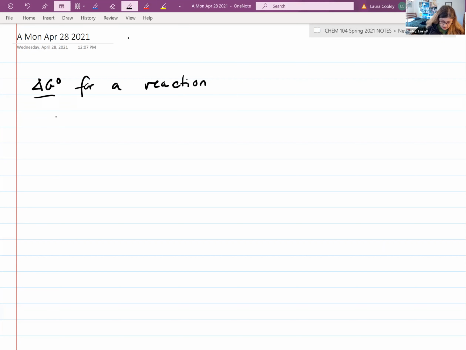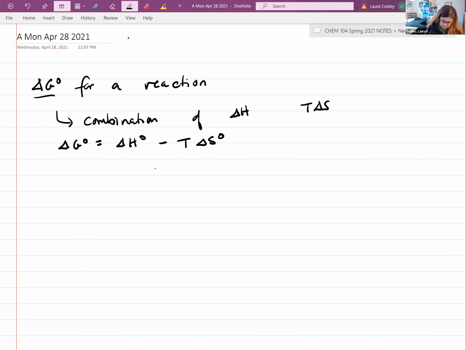And it's sort of a combination of delta H and T delta S. The definition, well, it's not the definition, but it's the definition we give in general chem, is that it's equal to delta H minus T delta S.